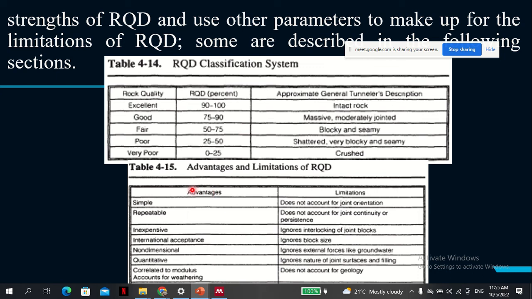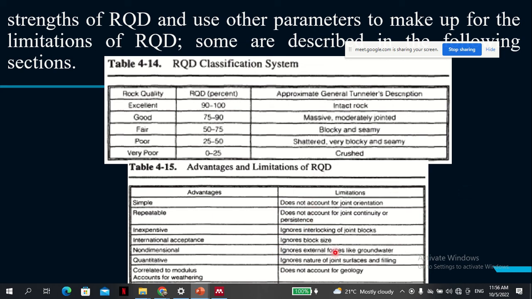Now these are some of the advantages: it is simple, repeatable, inexpensive, has international acceptance, dimensional, quantitative, correlates to modulus and accounts for weathering. So these are the limitations, and these are the reasons for which other methods have been proposed.